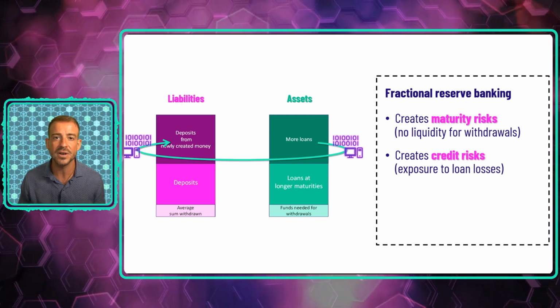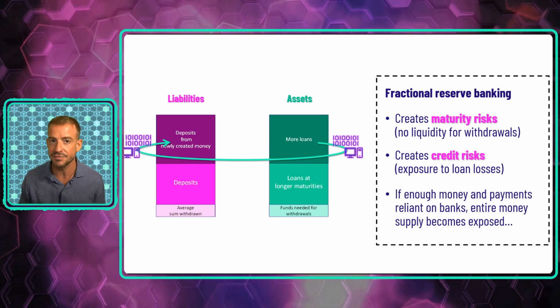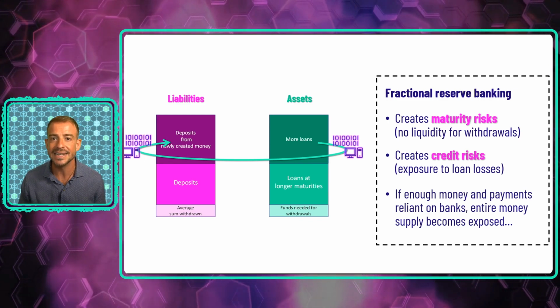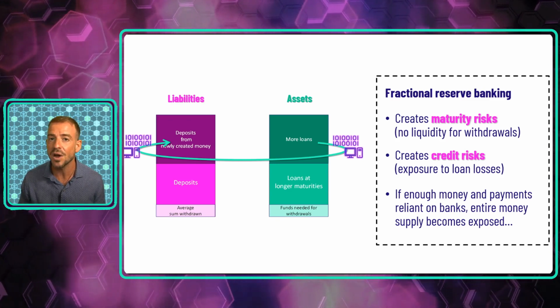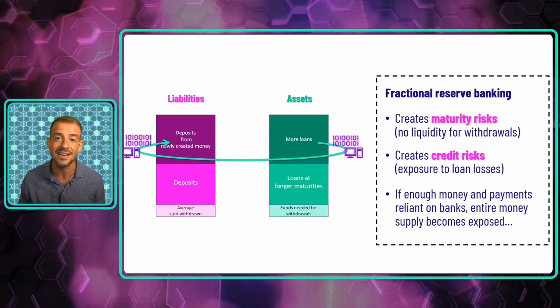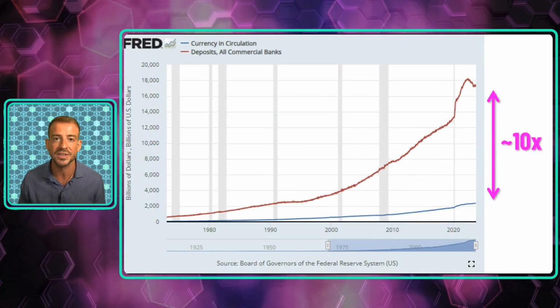It's true, these risks only affect money that is held in our banks and not the bills we keep stuffed under the mattress. But today, so much money is held and managed by banks that it is not an exaggeration to say that the entire money supply is exposed to these credit and maturity risks.